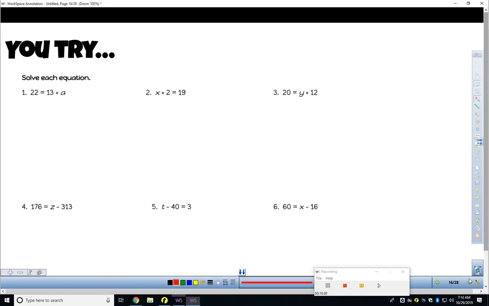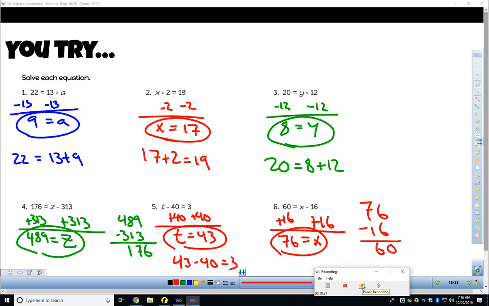Here are a bunch of examples. I would invite you to pause and try these on your own. There are my 6 problems. Notice in these top three, those were all addition equations. The only operation was addition, so I solved those with subtraction.